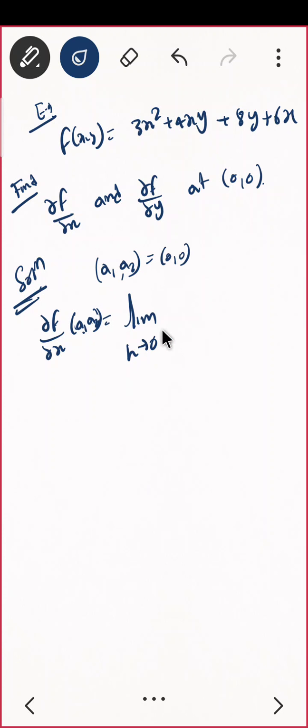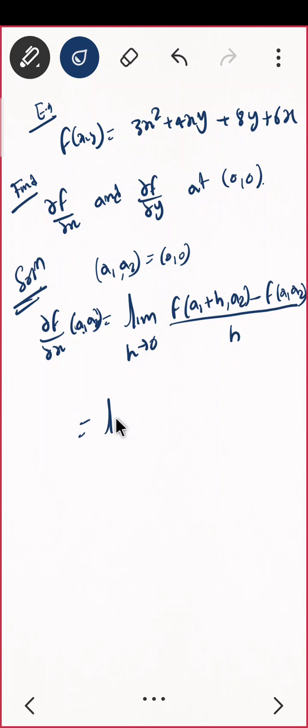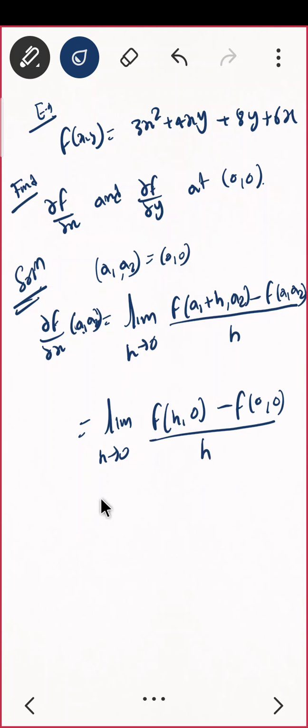So I'll write the formula: limit, f of e1 plus h comma e2 minus f of e1 e2, divided by h. Do you agree? Since it was partial differentiation with respect to x, I wrote it in the first coordinate. So what will this be? Limit h tending to 0, f of h comma 0 minus f of 0 0 upon h. Perfect.